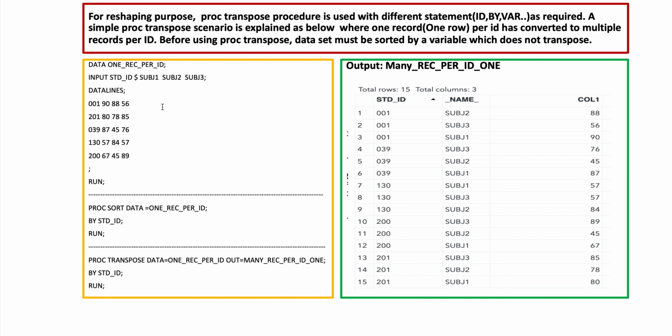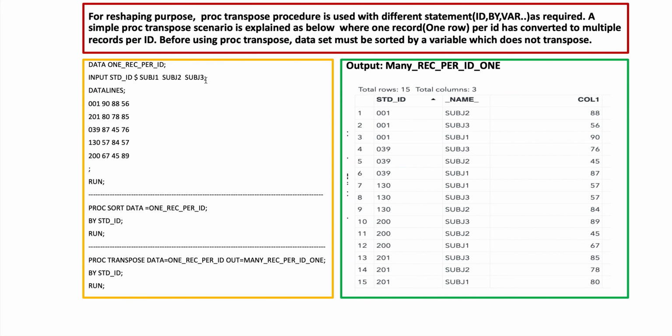To explain this question, here is a simple dataset. The dataset name is one record per ID, where it has 4 variables and 5 records. Variables are student ID, which is character, subject 1, subject 2, and subject 3. These 3 variables are numeric.